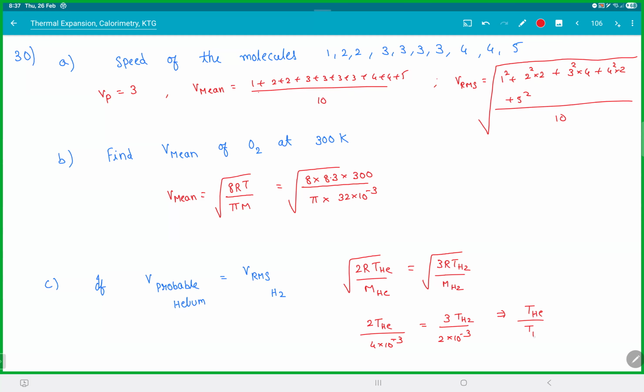Temperature of helium by temperature of hydrogen will be simply 3:1. Yeah, that looks fine. Clear with this? Direct formula substitute, there's nothing there. Any doubts on this?